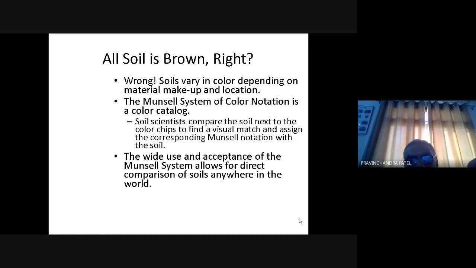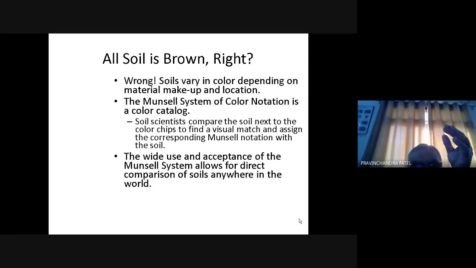Soil scientists compare the soil next to the color chips to find a visual match and assign the corresponding Munsell notation to the soil. So what they are doing, they are taking the color strip, the color chips, and comparing with the soil, and they visualize and accordingly classify the color of the soil.